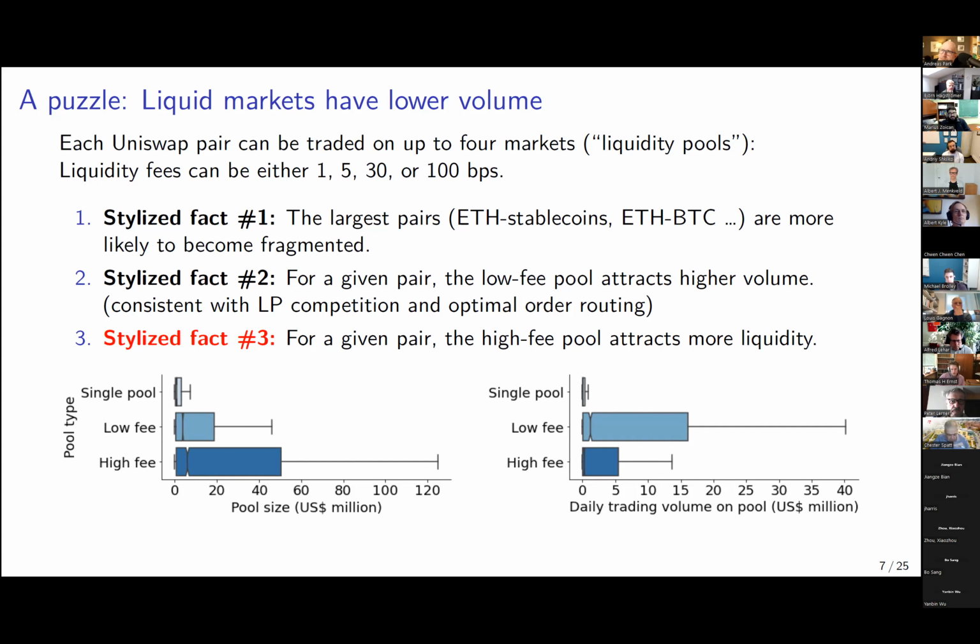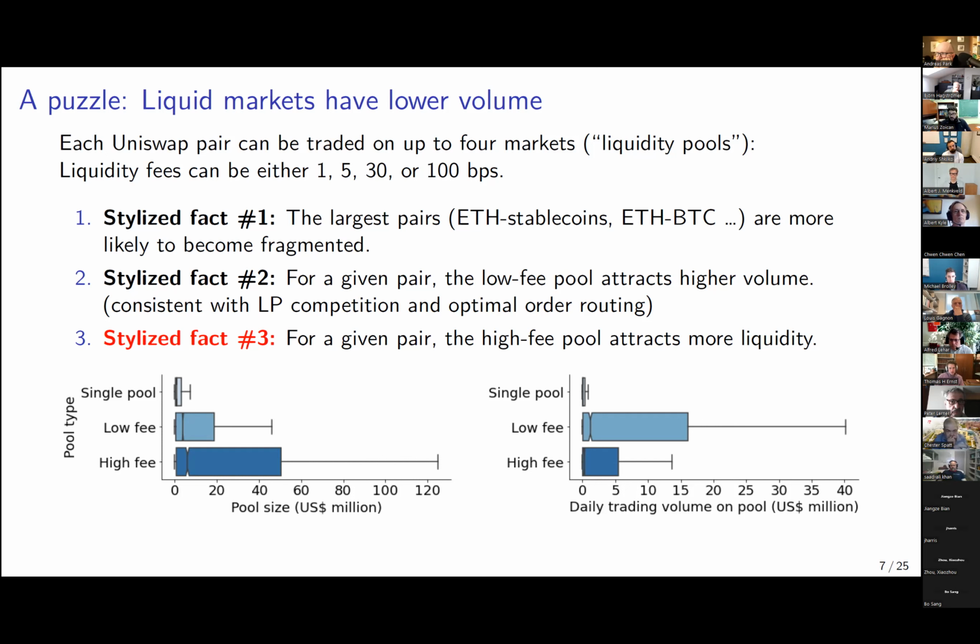These markets differ from each other by their fees, which can be either 1 basis point, 5 basis points, 30 basis points, or 100 basis points. These fees are paid by the aggressive order to the liquidity provider.